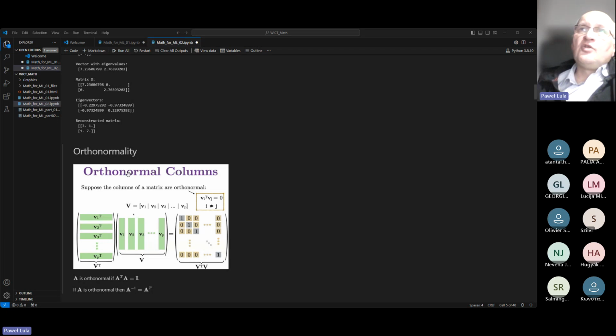But here we have also this second element, normality, orthonormal. Normal means that the length of every vector is equal to 1. How to check it? You remember this formula which we use for calculating vectors' length.